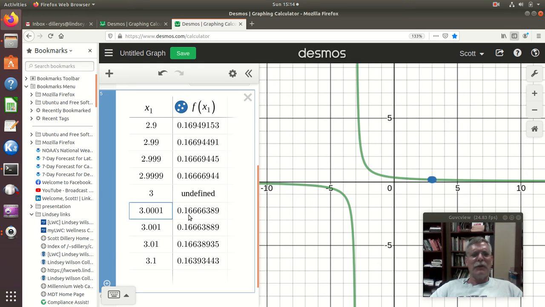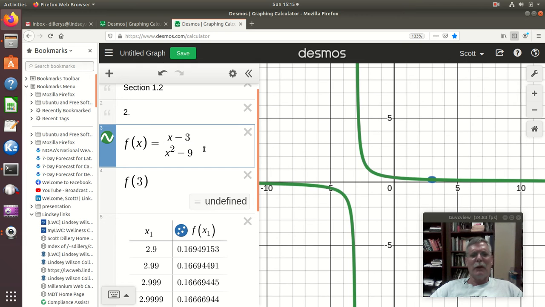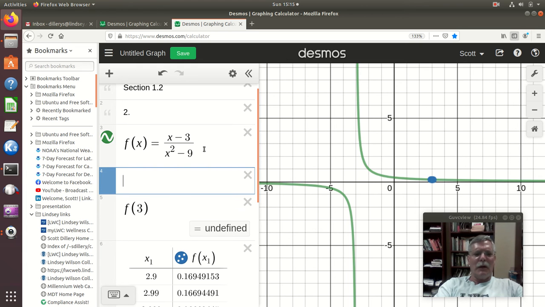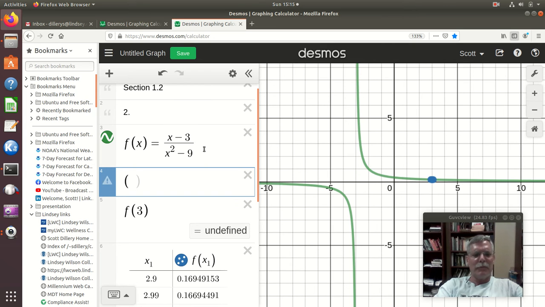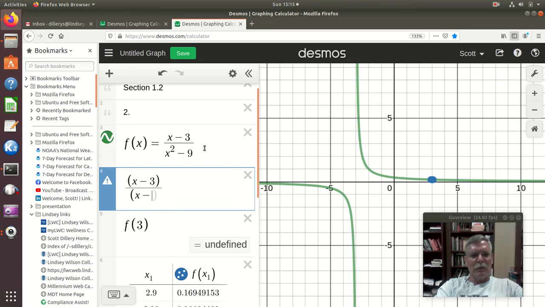That's 1/6. Now the other thing we can do is realize that this is no different than if I factor: I have x minus 3 divided by x minus 3 times x plus 3.